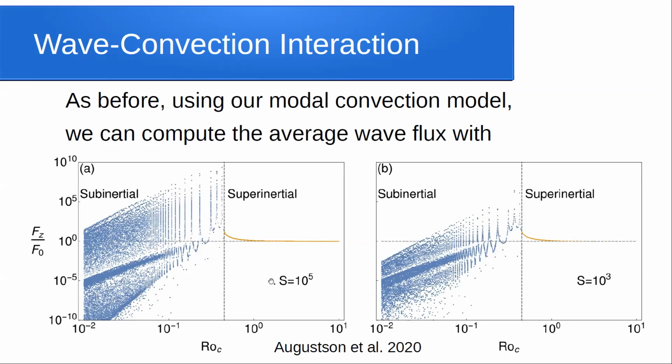And for a pretty strong stiffness, you can see that relative to that gravity wave flux, which could be small, you can have a very large increase in the overall flux of the system for subinertial waves, and a modest one of up to maybe about 30 times for the superinertial waves for modest Rossby numbers of about 0.2.